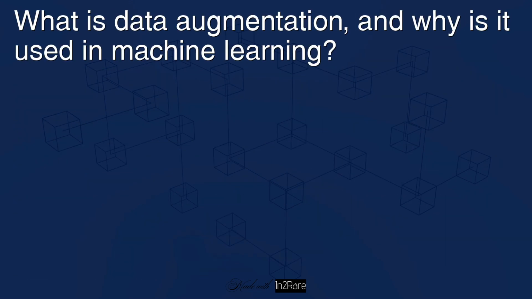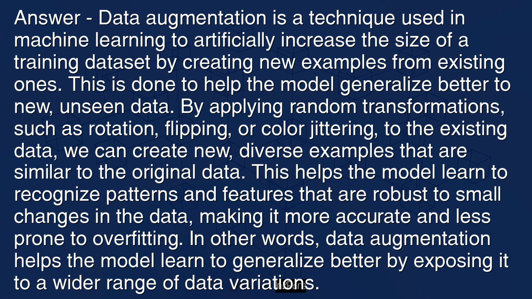What is data augmentation, and why is it used in machine learning? Answer: data augmentation is a technique used in machine learning to artificially increase the size of a training dataset by creating new examples from existing ones. This is done to help the model generalize better to new and unseen data.